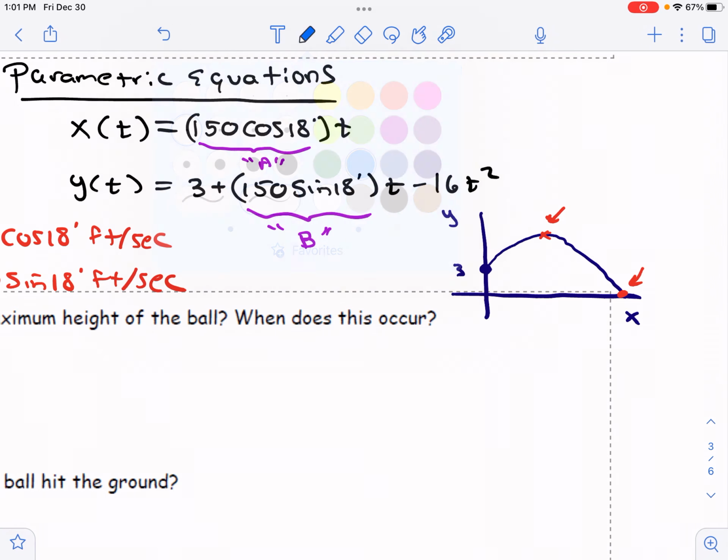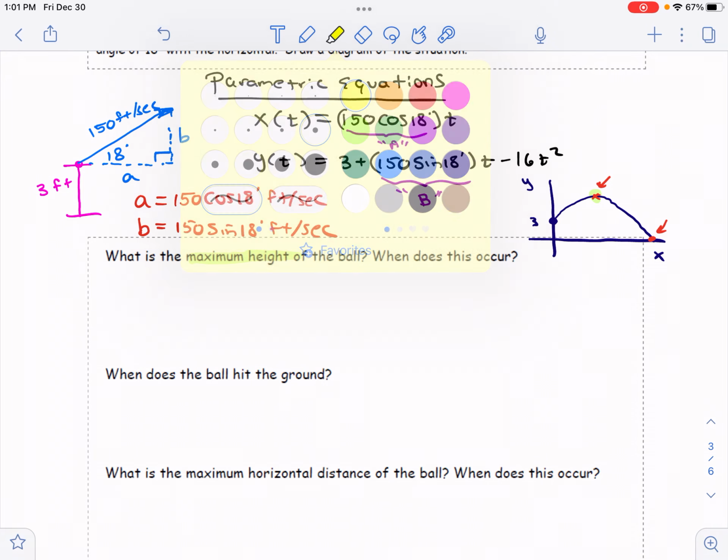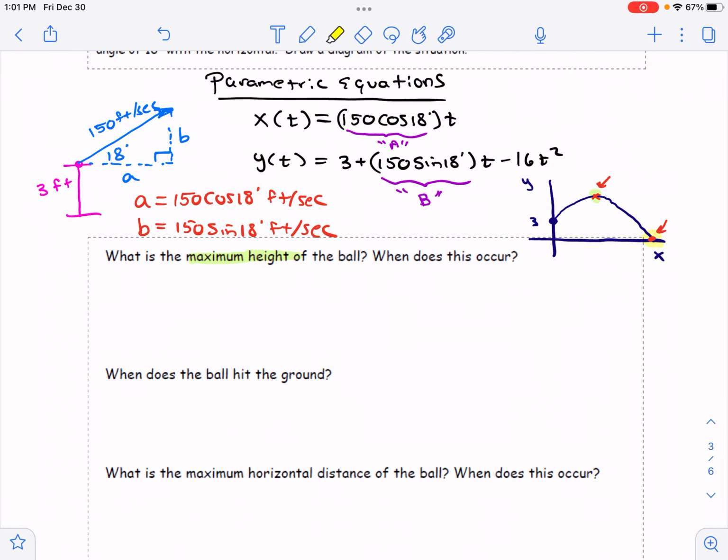I think below we have a question about, right? So the maximum height, we've got that sort of covered, right? Looking ahead. When does the ball hit the ground? That would mean we need to analyze that moment in yellow. The maximum horizontal distance, that's also this kind of, that horizontal line, the distance from the launch point.